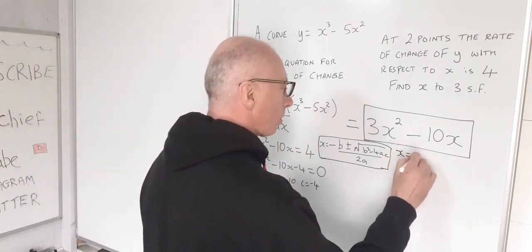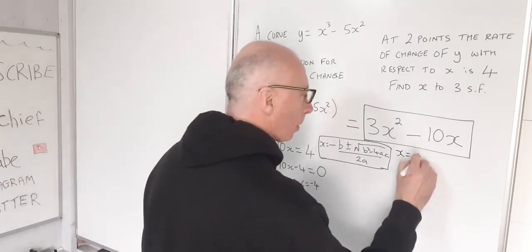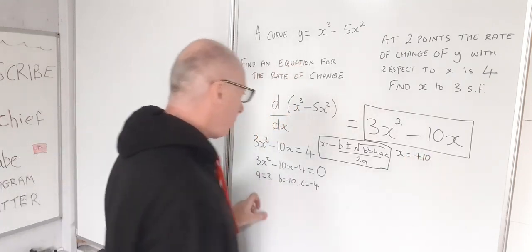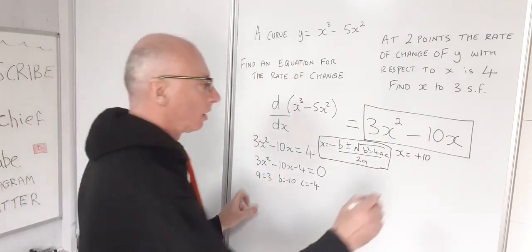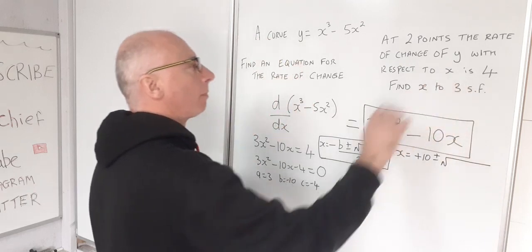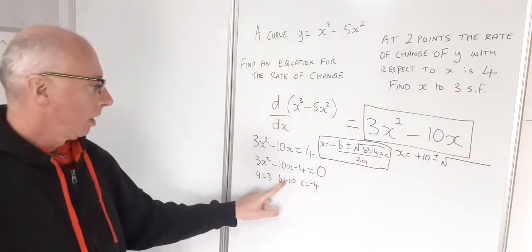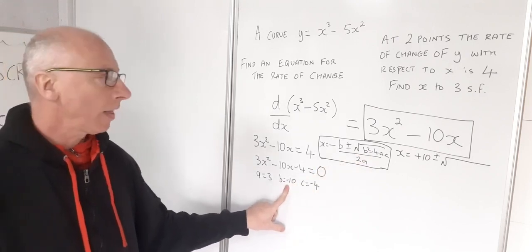So x equals minus b, so minus minus 10 becomes plus 10, and then we've got plus or minus, so that's where we get our 2 solutions from. So we're going to need 2 solutions to this question. b squared, minus 10 squared, that's 100.